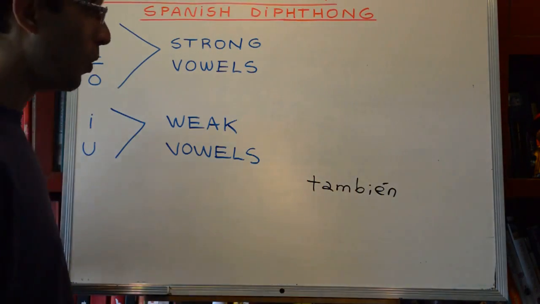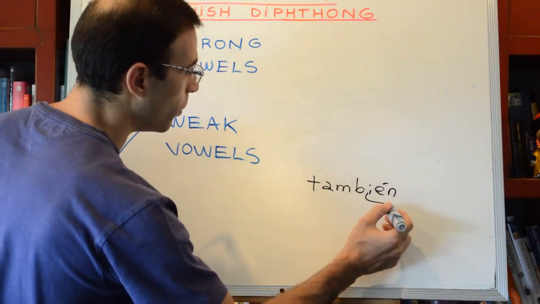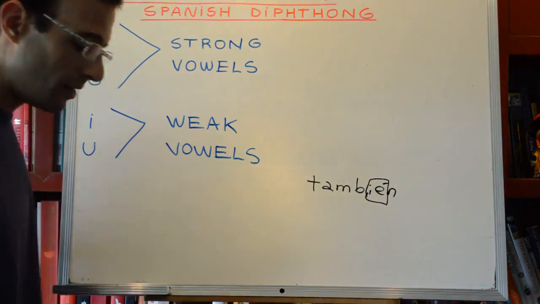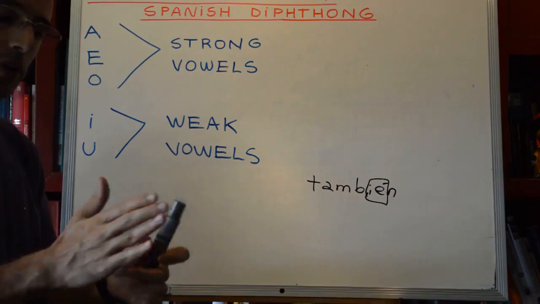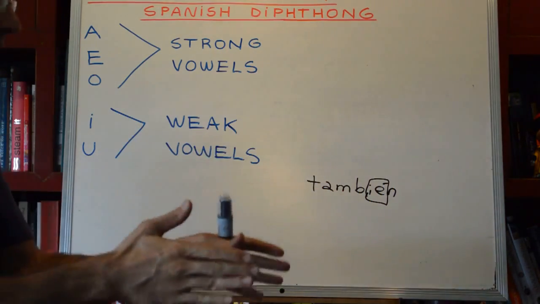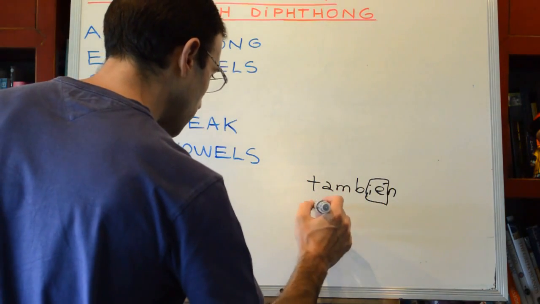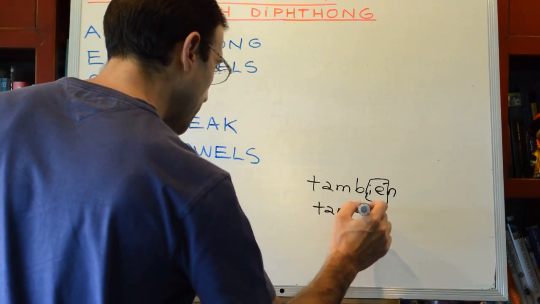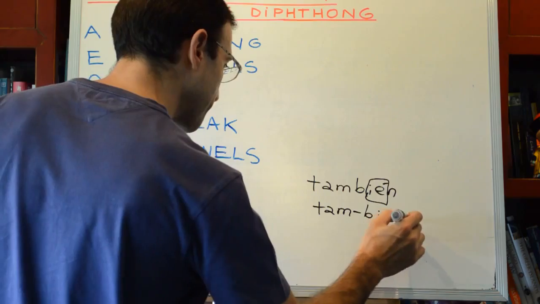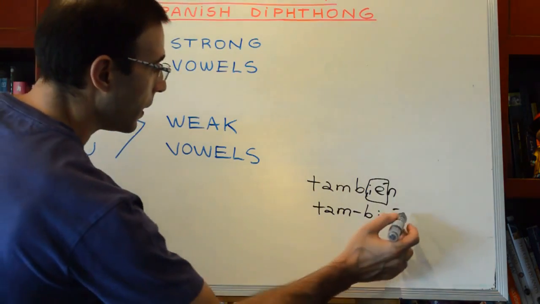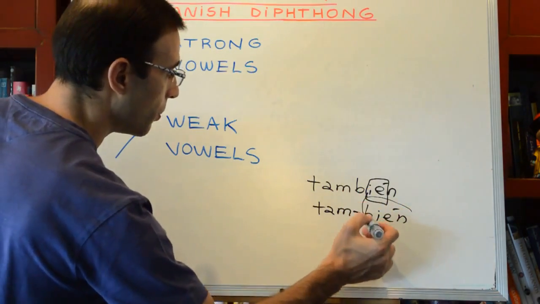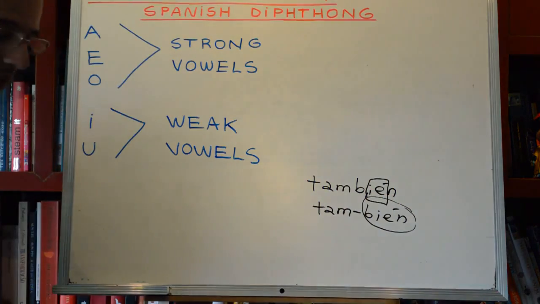This is a diphthong. Why? Because we have 2 vowels together, and these 2 vowels don't split when we separate the word in syllables. In syllables it will be tam, bien, también. So these form the same syllable, right?